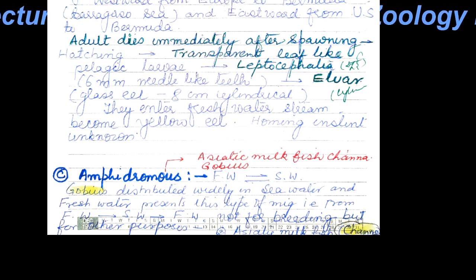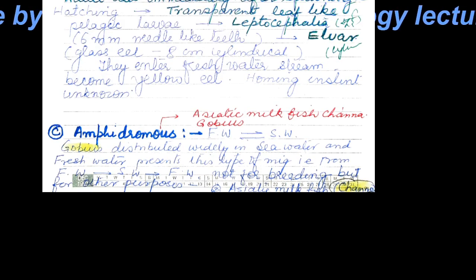Gobius is distributed widely in seawater and freshwater. They present this kind of migration, from freshwater to saltwater and from saltwater to freshwater. This is not done for breeding but for other purposes.